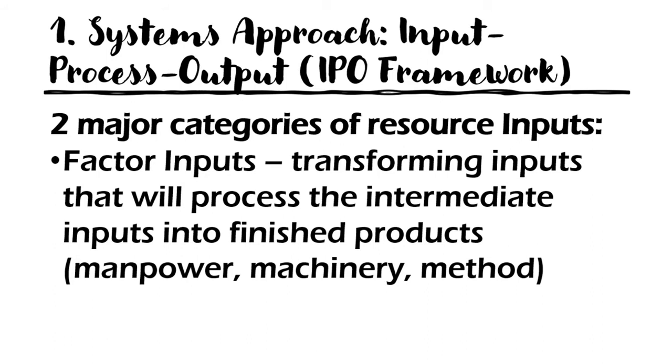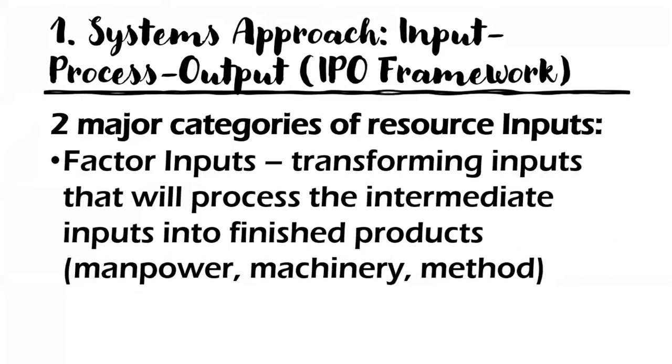So basically, yan nga daw ang ginagamit to transform those intermediate inputs para ma-process sila at maging finished products. So basically, itong factor inputs ang magpa-process doon sa mga intermediate inputs, which is the raw materials, para maging finished products. So again, that is the two major categories of resource inputs.